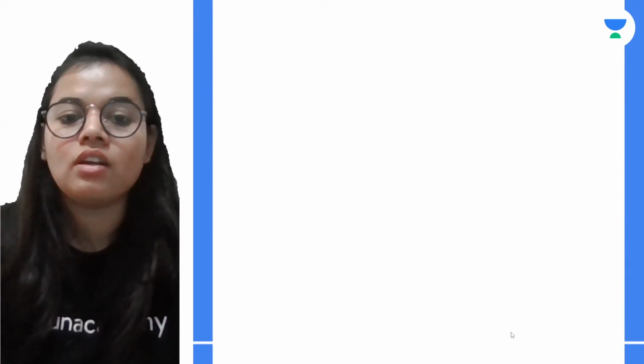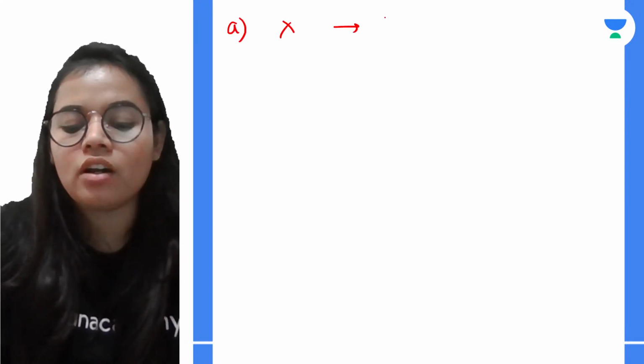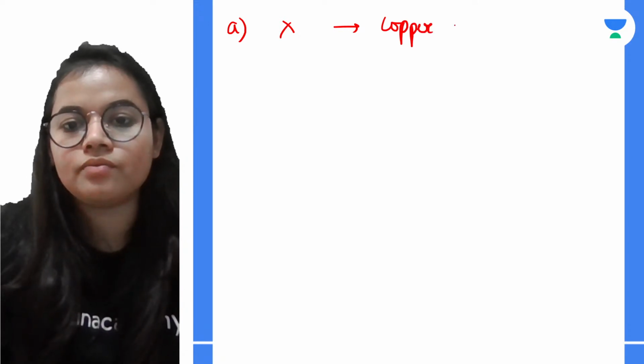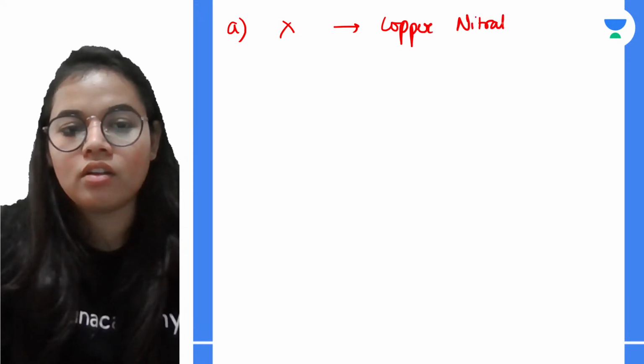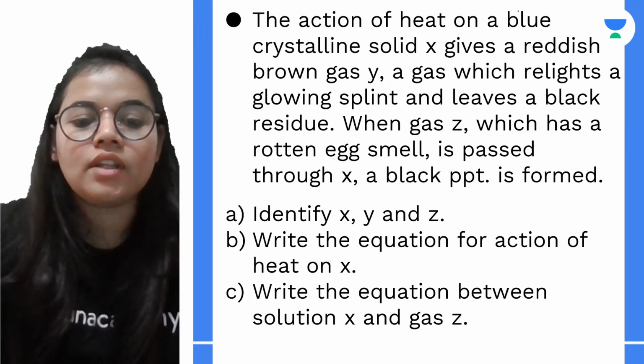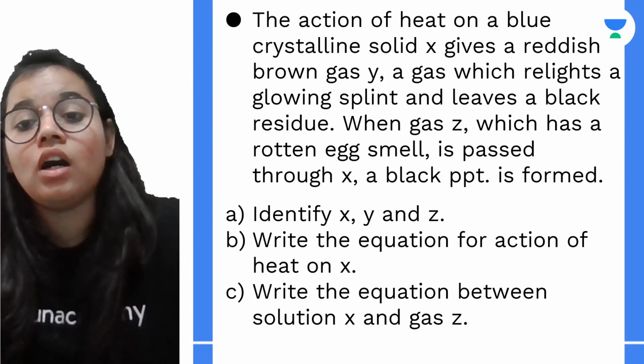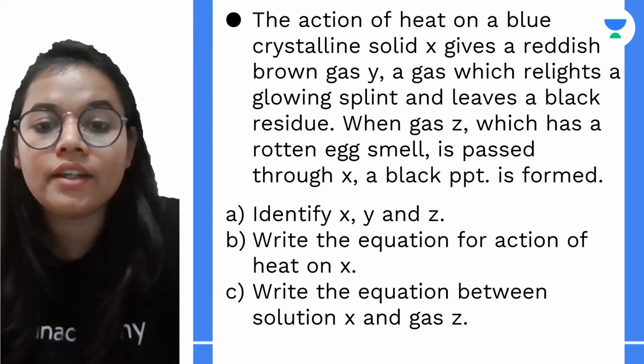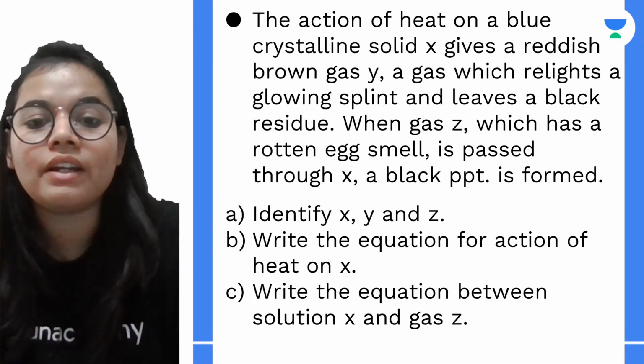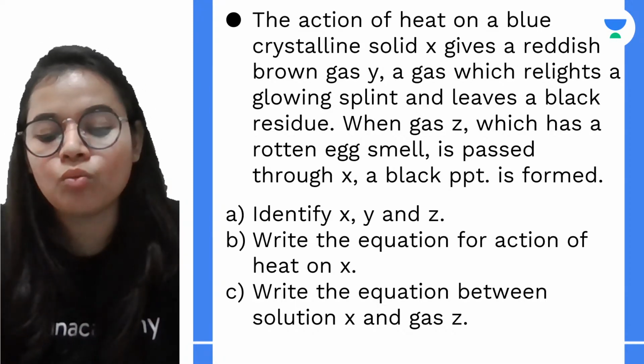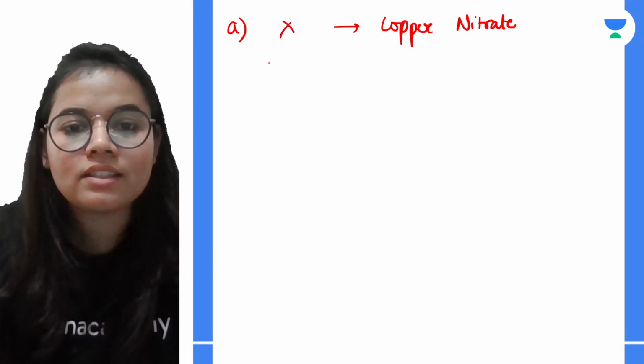तो सबसे पहले X जो है वो एक blue crystalline solid है. जो X है हमारा वो हो जाएगा copper nitrate. After that, when we heat it, it will be giving a reddish brown color gas Y. तो जो हमारी brown gas है, that is what?